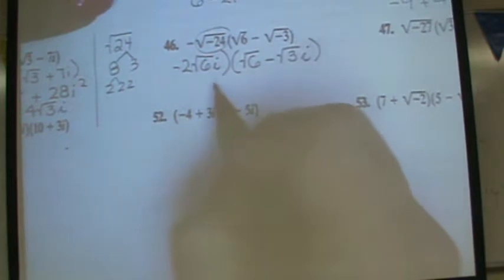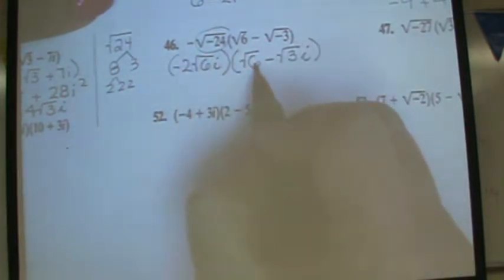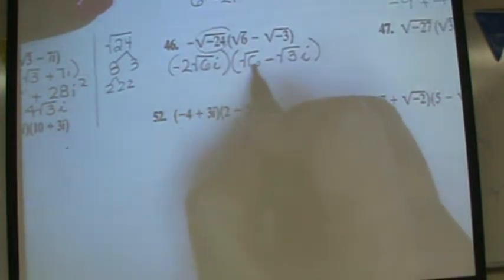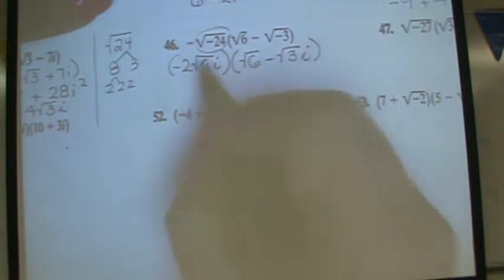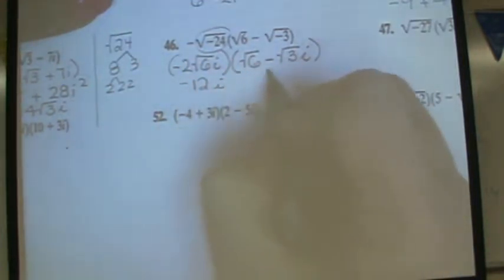Now when we distribute, you're going to multiply this times this. So what you have here is you have 2 6's underneath the radical, and it's a square root. So you're going to pull that 6 out. So it's really square root of 36. So it's 6 times negative 2, which is negative 12i.